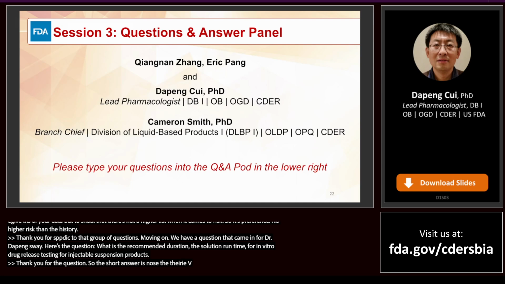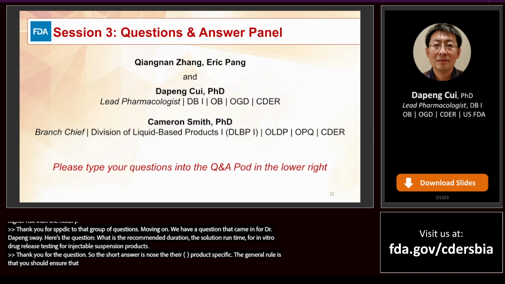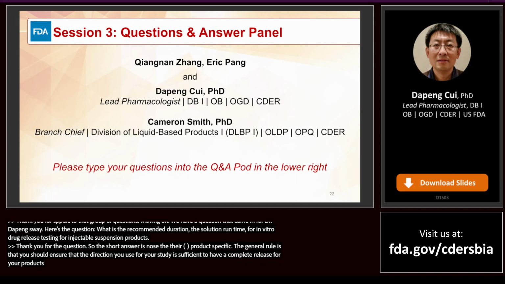It's case by case, drug product specific, and I think the general rule is that when you conduct the IVRT, you should ensure that the duration you use for your study is sufficient to have a complete release for your drug products, and also you should make your testing discriminative. Thank you.